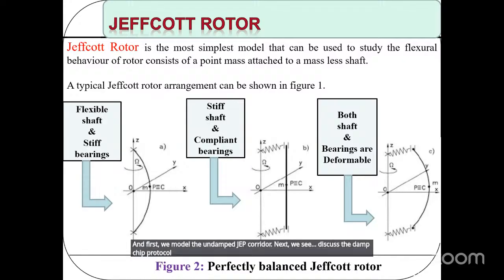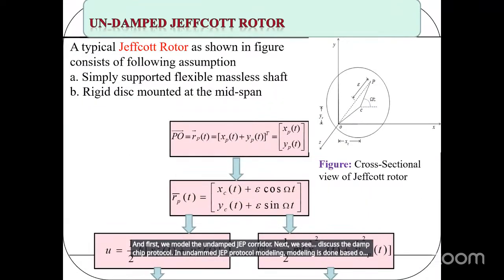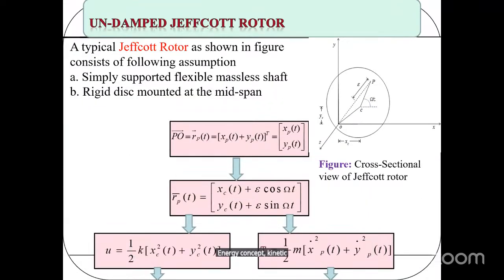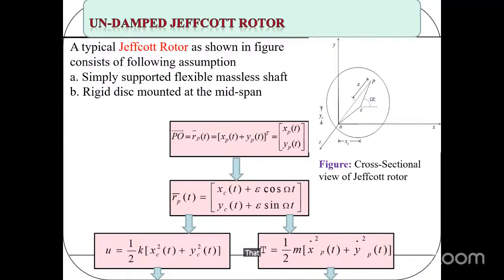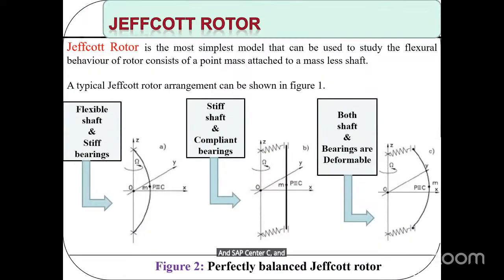In the undamped Jeffcott rotor, modeling is done based on the energy concept, kinetic energy as well as potential energy. So the rotor is primarily in the rest position. At that time the shaft center C and the mass center are at the origin O, at the same position.